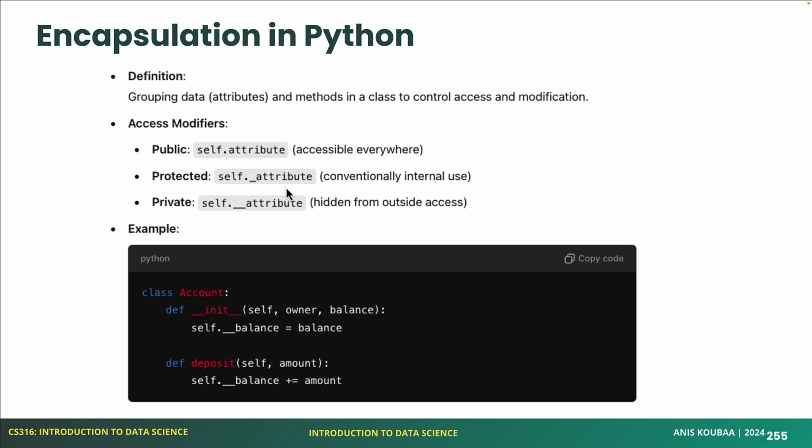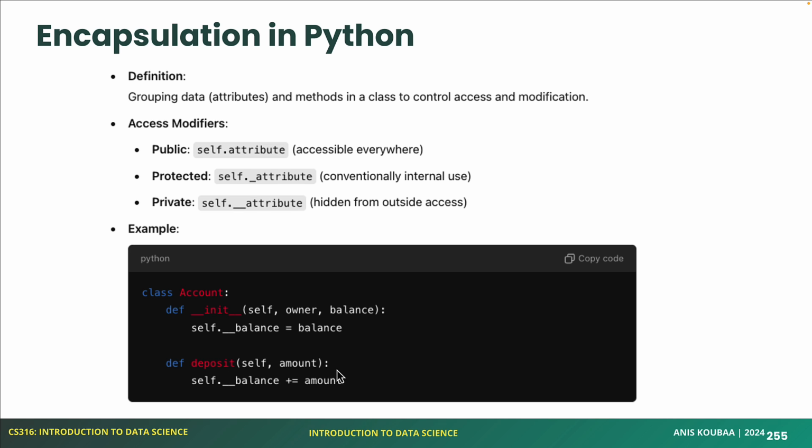If you use underscore attribute, this is considered a protected attribute. Protected means it can be used only within the class, and cannot be used by external classes. We can make it private by using a double underscore here. So this is hidden from the outside. You need to have a getter or setter method to access this attribute.